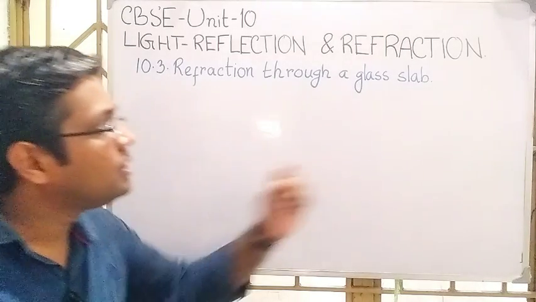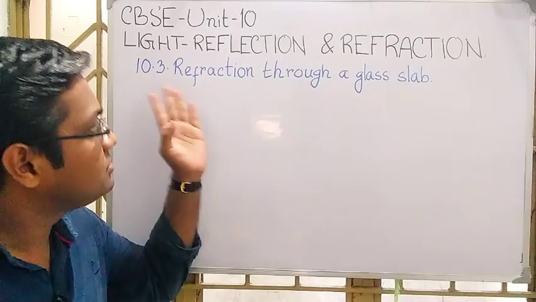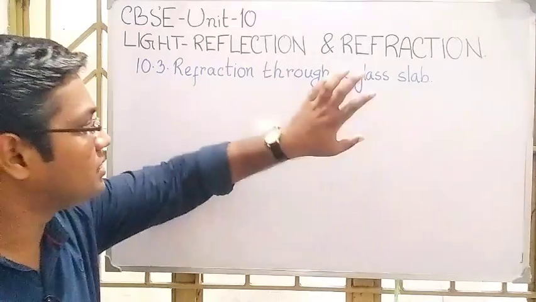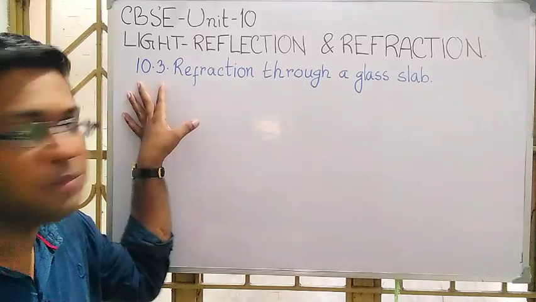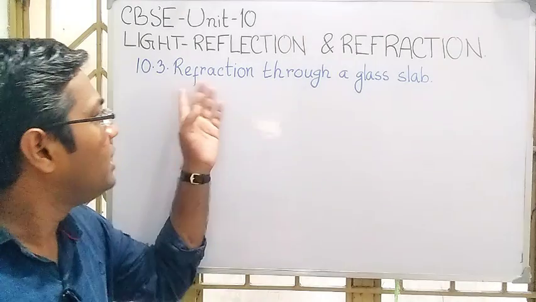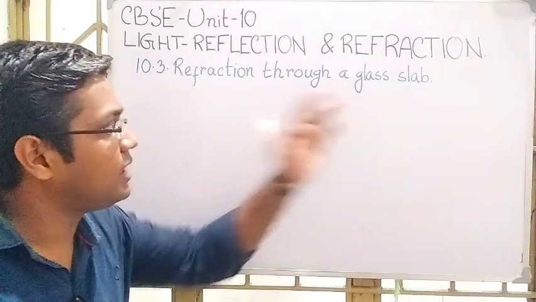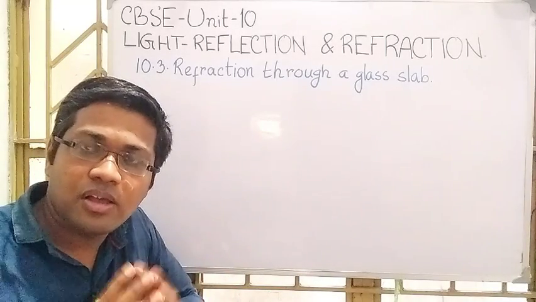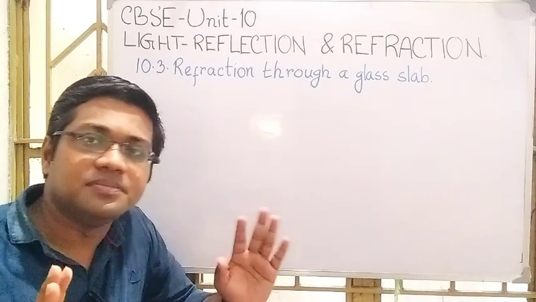So now we are trying to study this section, that is also a subtopic under section 10.3, refraction through a glass slab. Till now we know that glass is an optical medium.